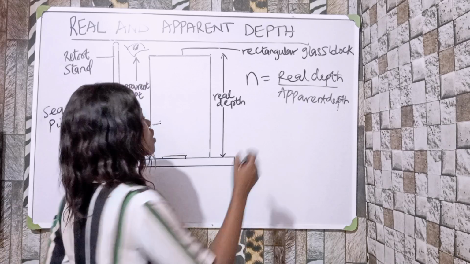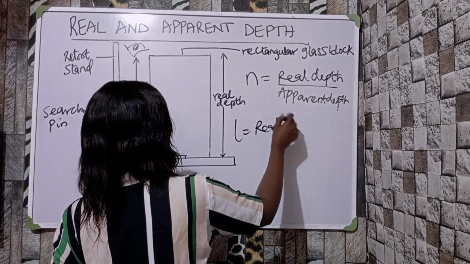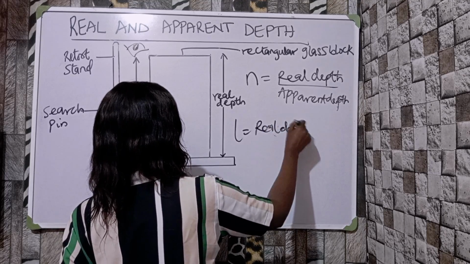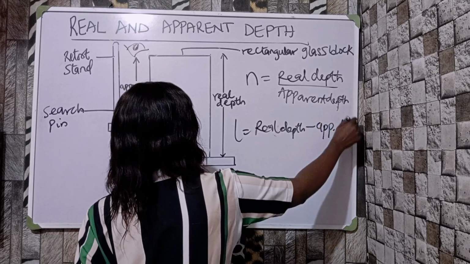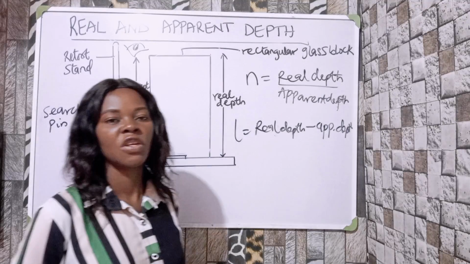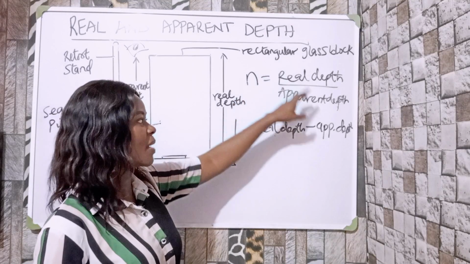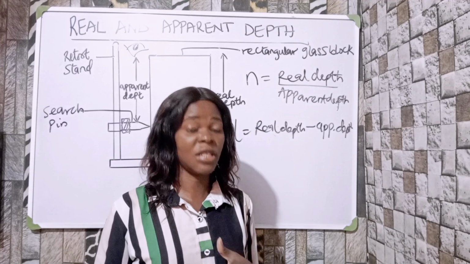Is that okay? So that displacement L is equal to real depth minus apparent depth. So if you're able to use this formula to get the real depth and apparent depth, you can actually get the lateral, the actual, or the upward displacement.